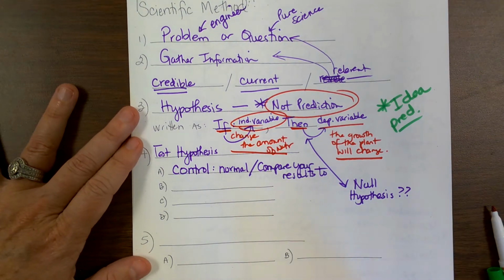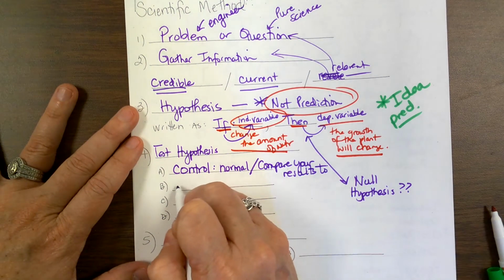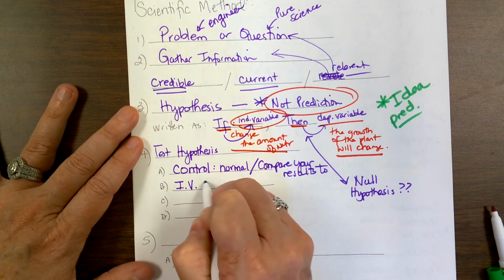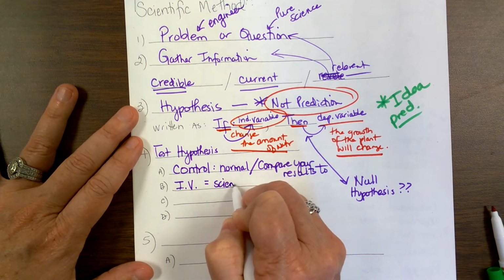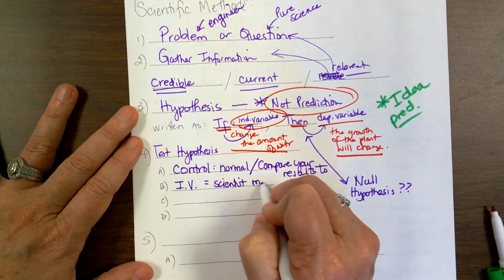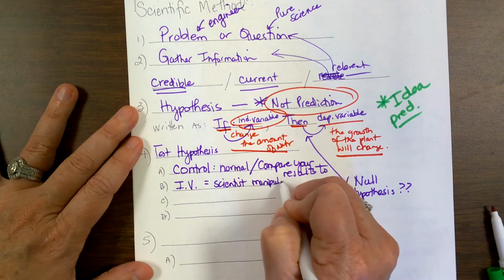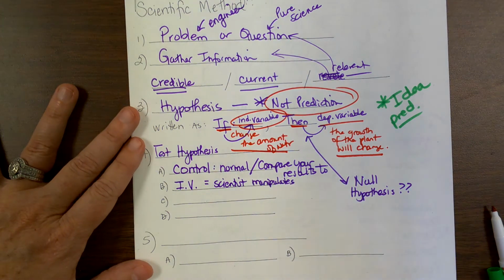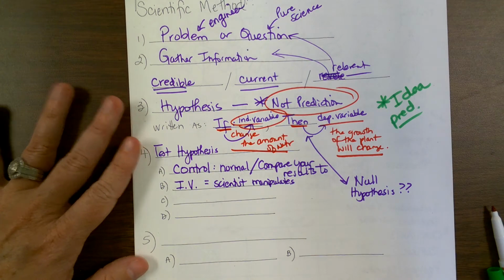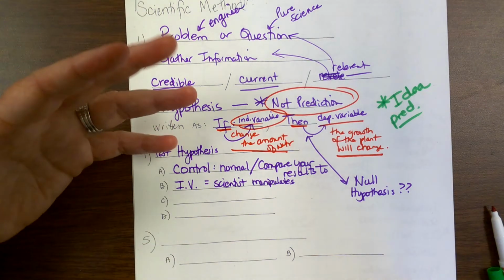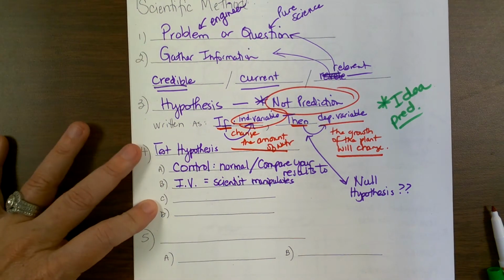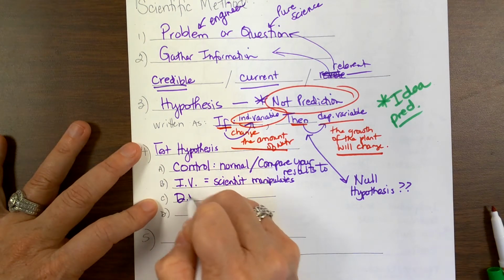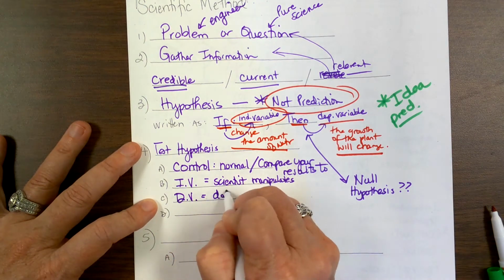Okay, and we'll talk about that in just a second. You have your independent variable, and this is what the scientist manipulates. Okay, so whatever it is that you are doing to see what the effect will be. That is your independent variable. Then you have your dependent variable, which is the data you collect.